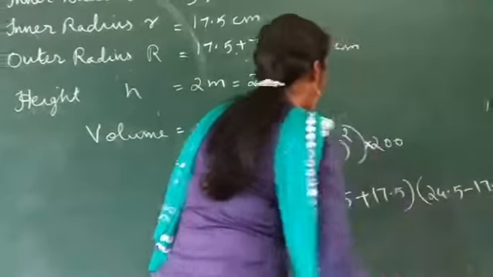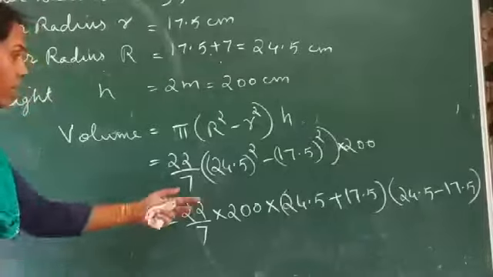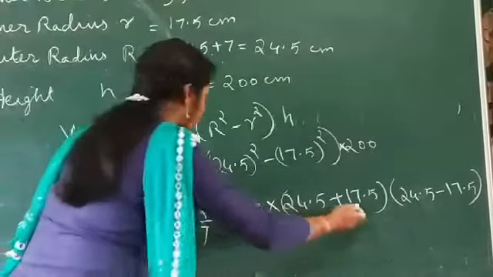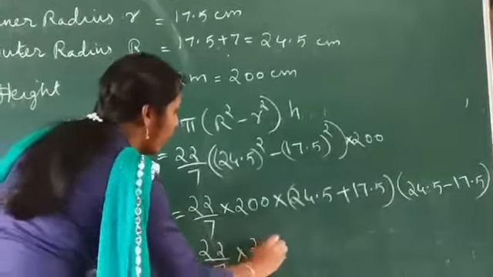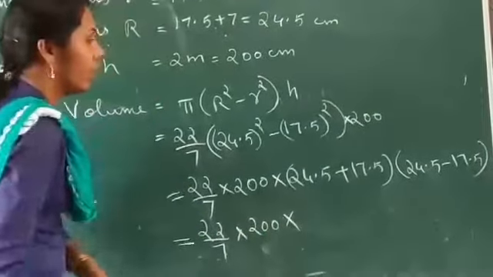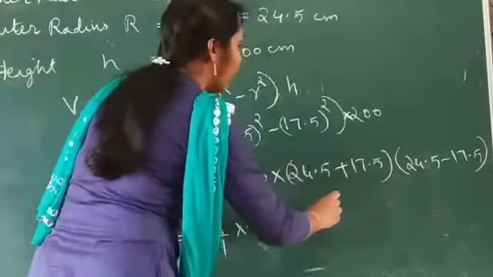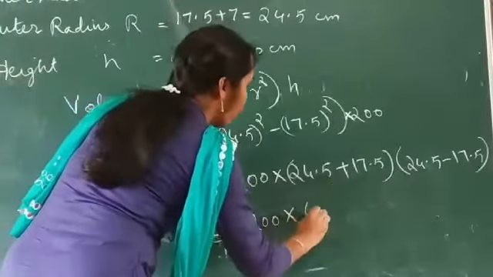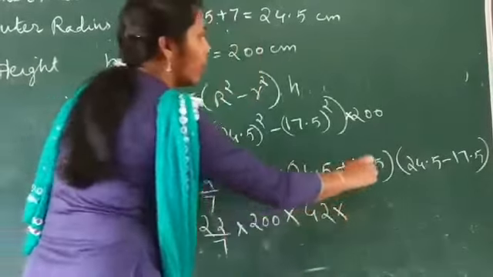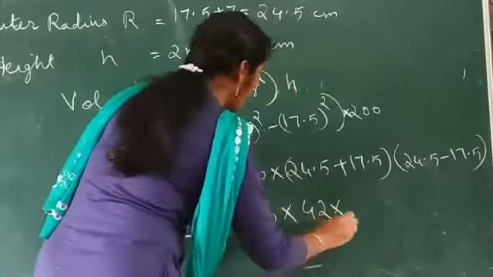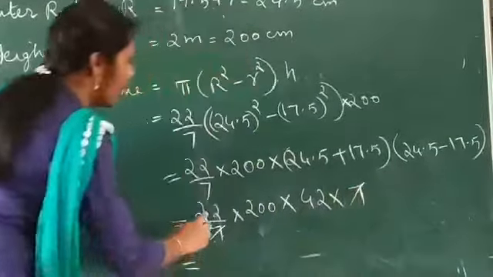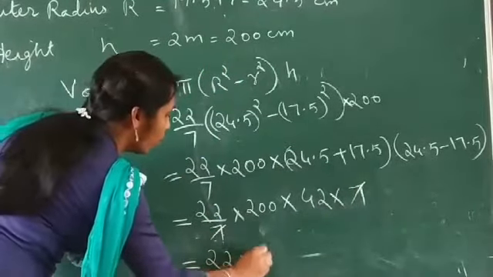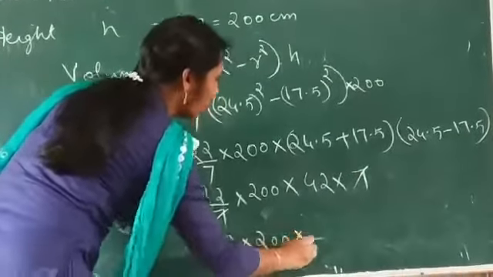You can also find out the square and subtract. Here I am doing in this method. So 22 by 7 into 200 into 24.5 plus 17.5 is 42 into 24.5 minus 17.5 is 7. So here 7 and 7 will be cut. Remaining 22 into 200 into 42.